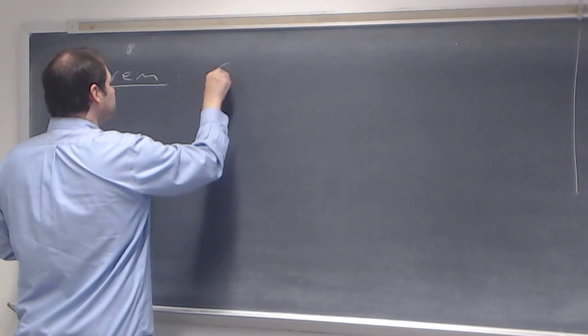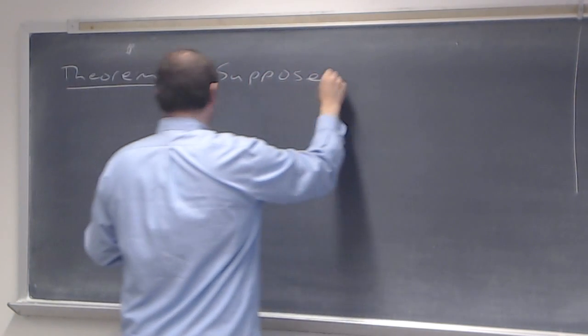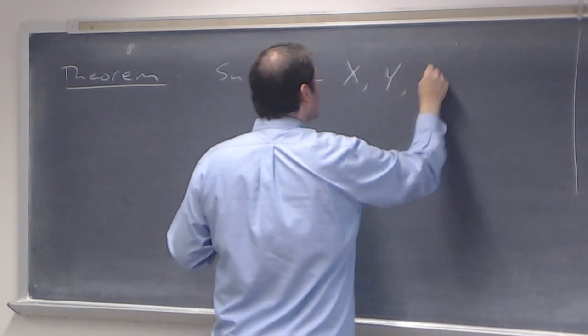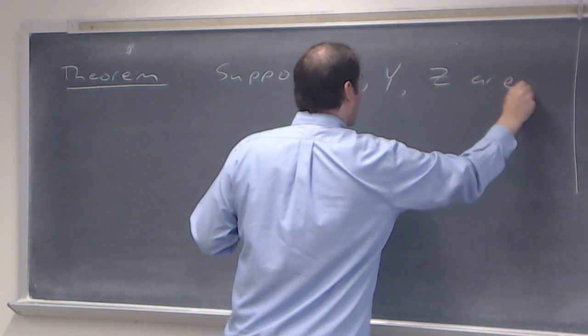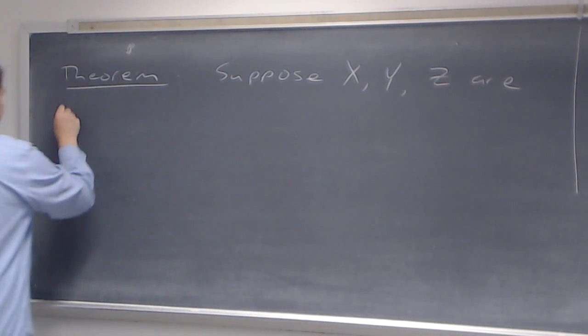It says, suppose X, Y, and Z are metric spaces.